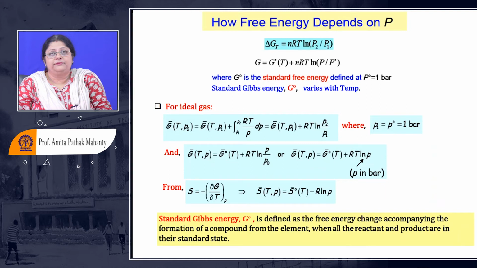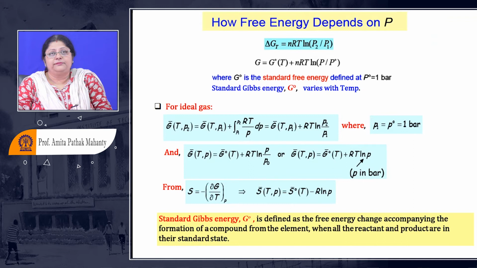G naught is defined as the free energy change accompanying the formation of a compound from its elemental state. These are handbook values, you can get them from a handbook. But if it is there in the handbooks, that means somebody has calculated it, and how it's calculated is what I am trying to emphasize.